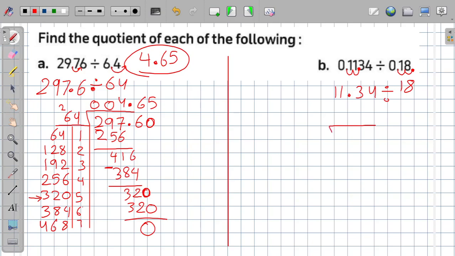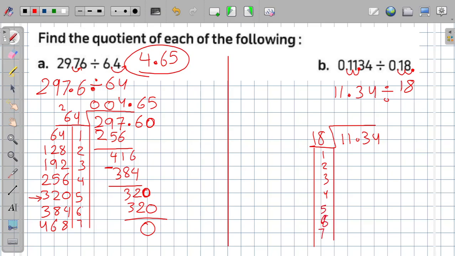So I have 11.34 and I have 18. First, let's make the timetable of 18. So it will be, I have 1, 2, 3, 4, 5, 6, and 7.